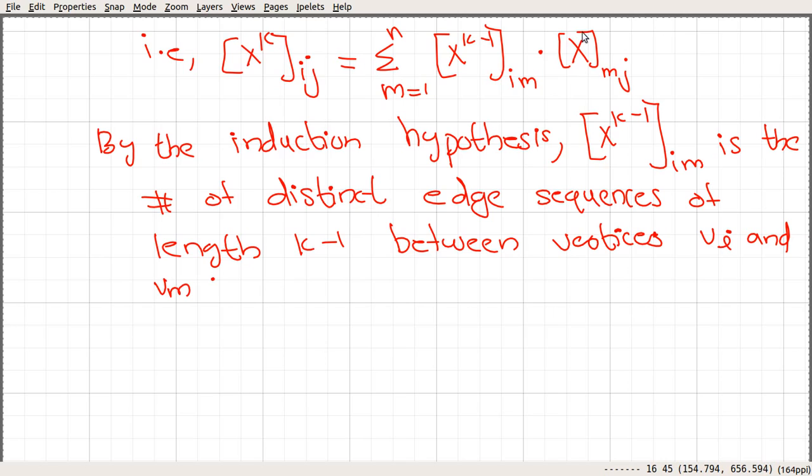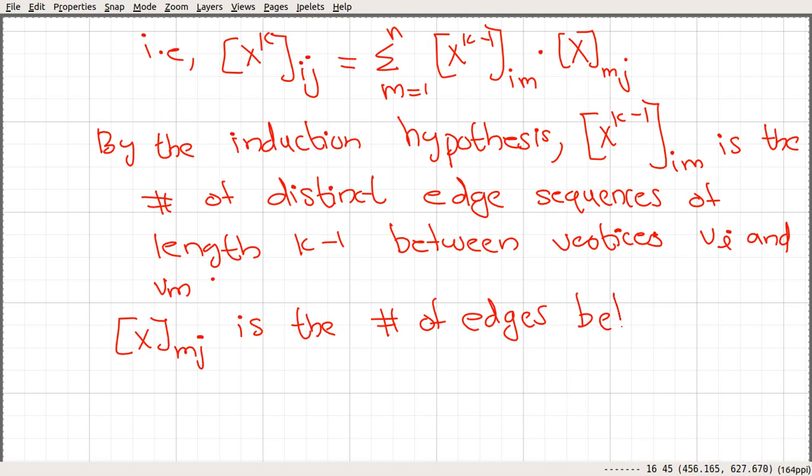And if you look at the second part, the mjth entry is the number of edges. By the definition of adjacency matrix, it is the number of edges between vertices vm and vj.